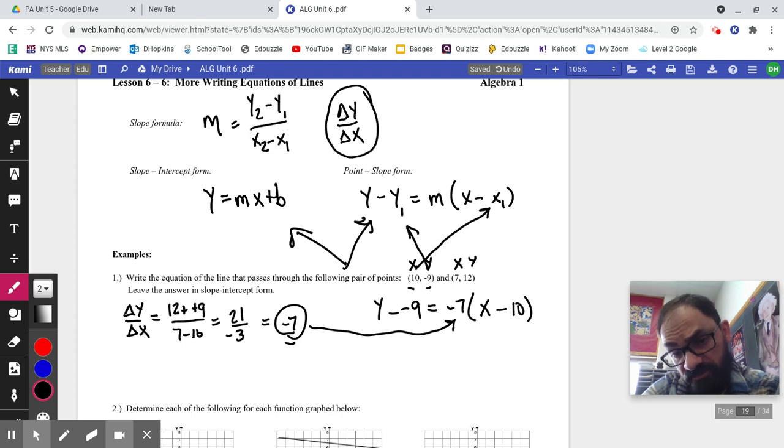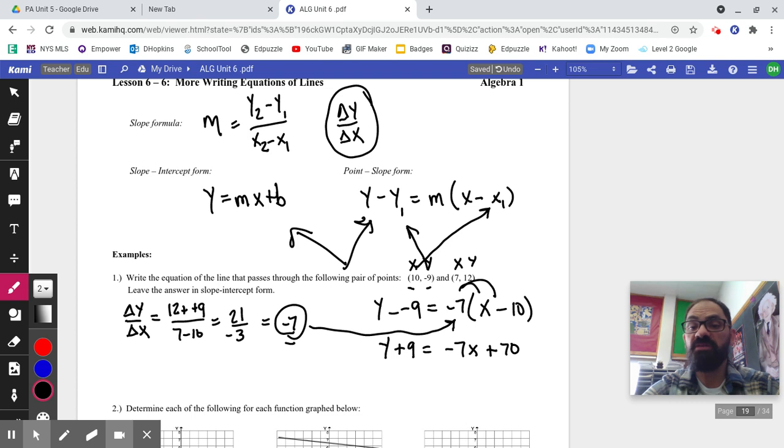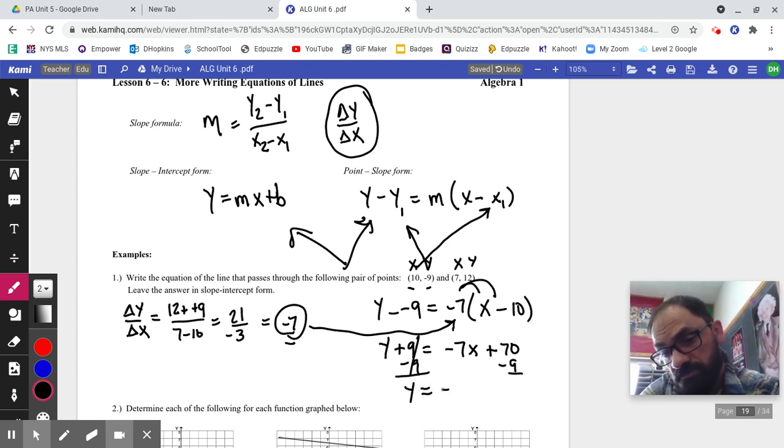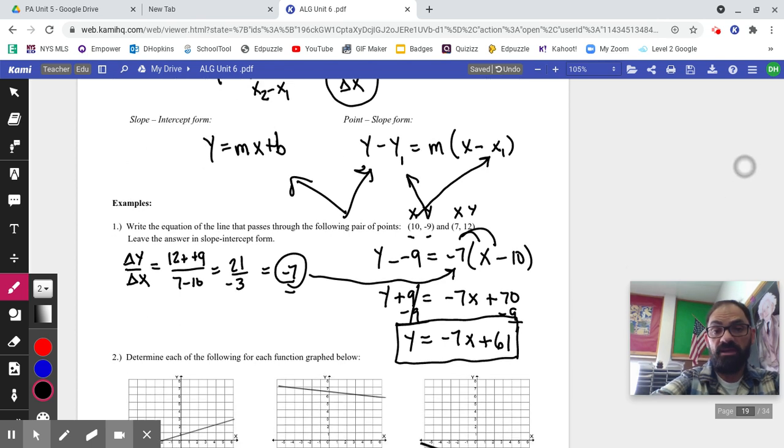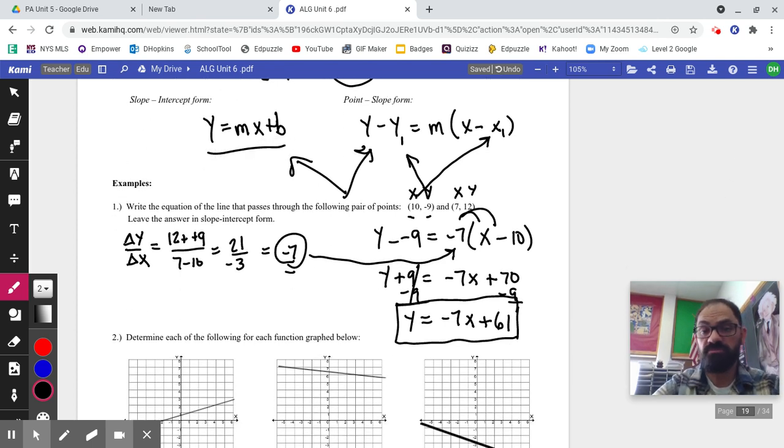So minus a negative, that's y plus 9 equals, and I'm going to distribute here, negative 7x plus 70. So to solve for y, I just have to subtract 9. And then I'm done. I didn't have to substitute it in. That's the equation of the line. And I would have gotten it the same way had I used this equation.